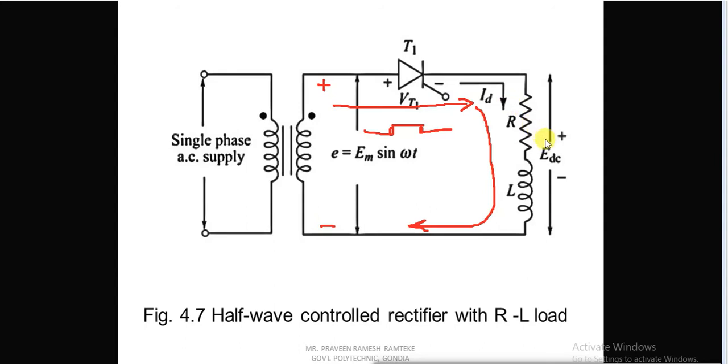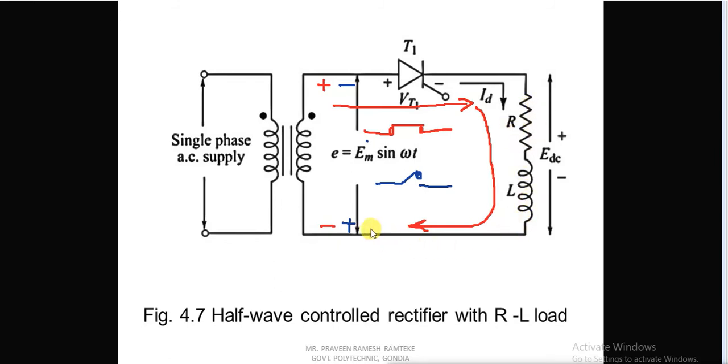Here we have shown distributed R and L, but in actual practice it is a lumped parameter. During the negative half cycle, the anode is negative with respect to the cathode, so the SCR will act as an open switch, and zero current will flow through this RL.